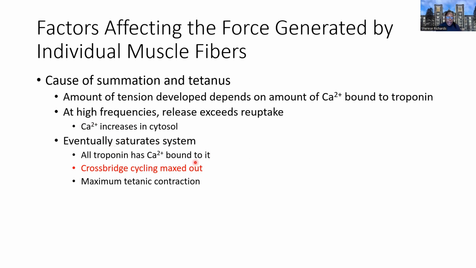So when all troponin has the max amount of calcium bound to it, then we pretty much max out the cross-bridge cycling. And then that is what leads to the maximum tetanic contractions or that fused tetanus, all right, which is basically zero relaxation of the muscle.